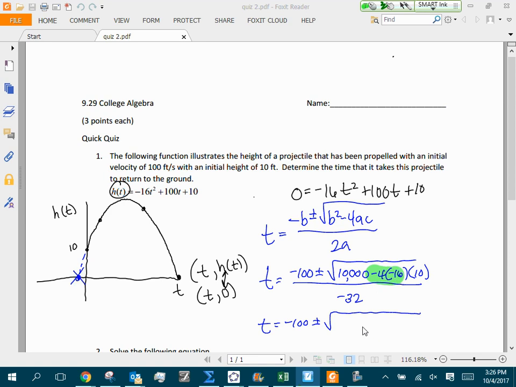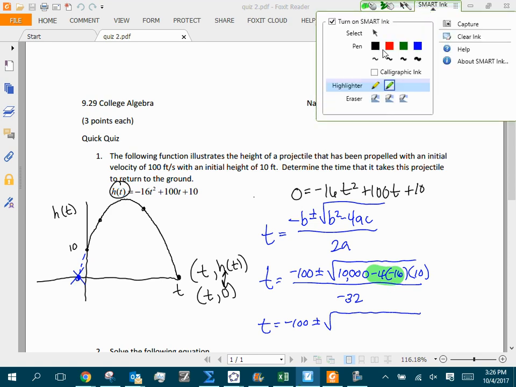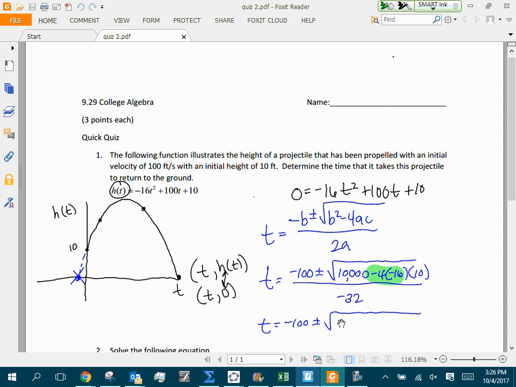Okay, so that's going to give this quantity underneath the radical to be, that's going to be 4 times 16 is 64 times 10 is 640. So it's going to give me 10,640 underneath that radical. And then we're going to divide by negative 32.